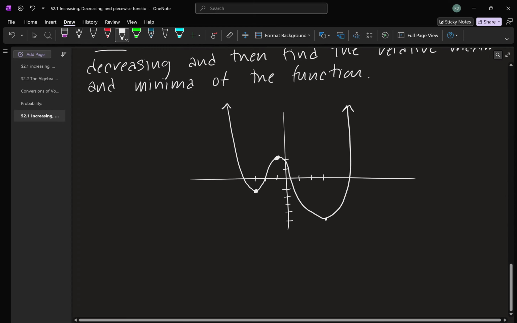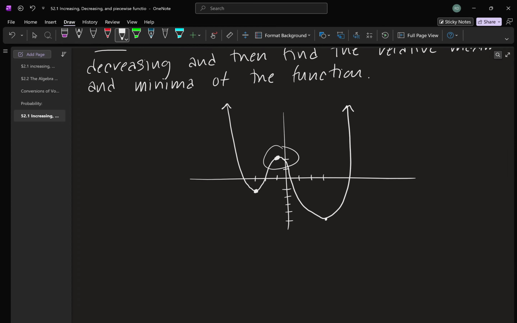So you want to locate the maxima and minima. We have one maximum right here, and we have two minima right here. Those are going to be the changing points between increasing and decreasing. So you can see that we are decreasing in these two sections here, and we're increasing in these two sections here.